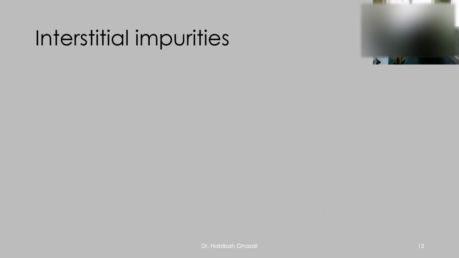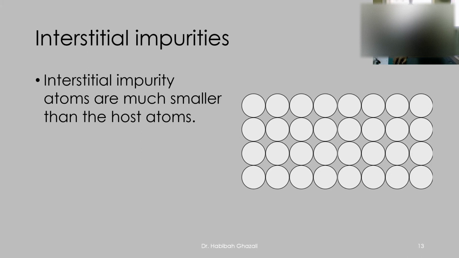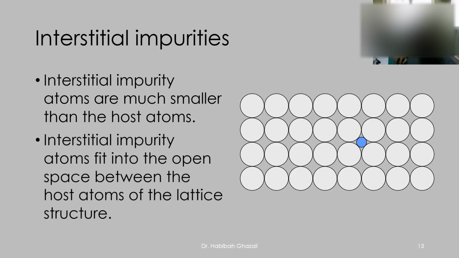Another type of impurity is the interstitial impurity. When the atoms that exist as impurities are very small, they can reside in the interstitial spaces. That's why we call them interstitial impurities. They reside in the space in between the host material atoms. If this is our perfect crystal structure, the impurity atom can reside in that interstitial space.